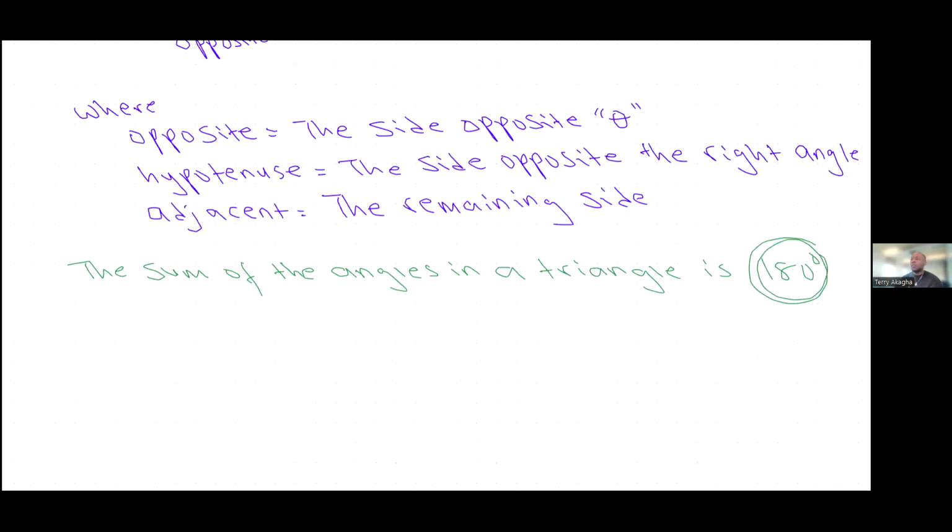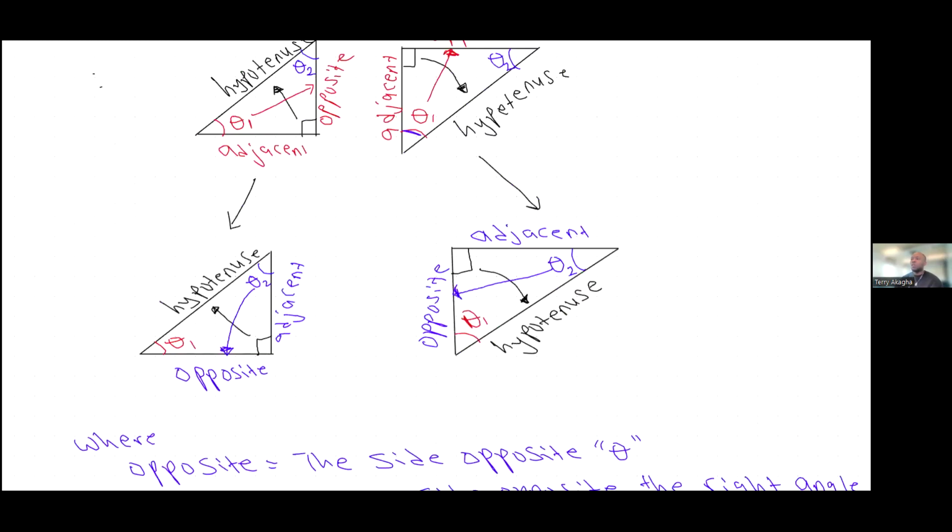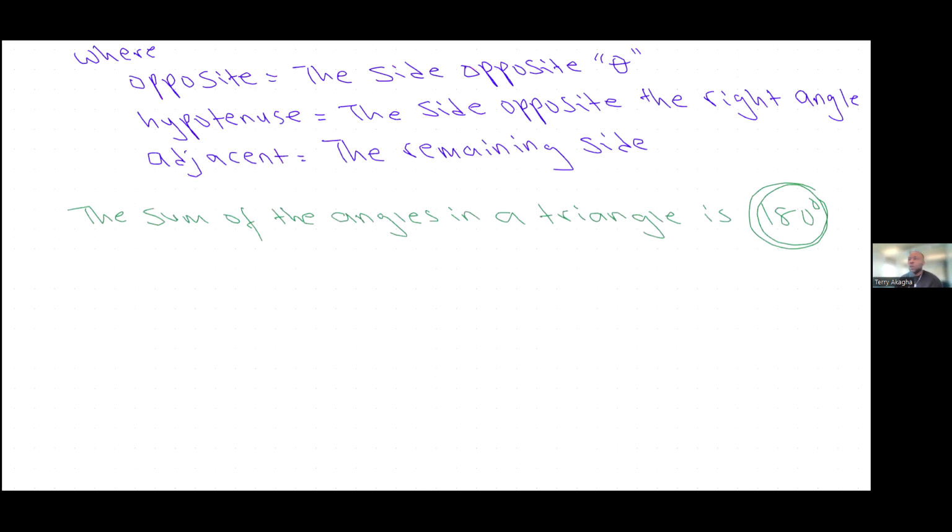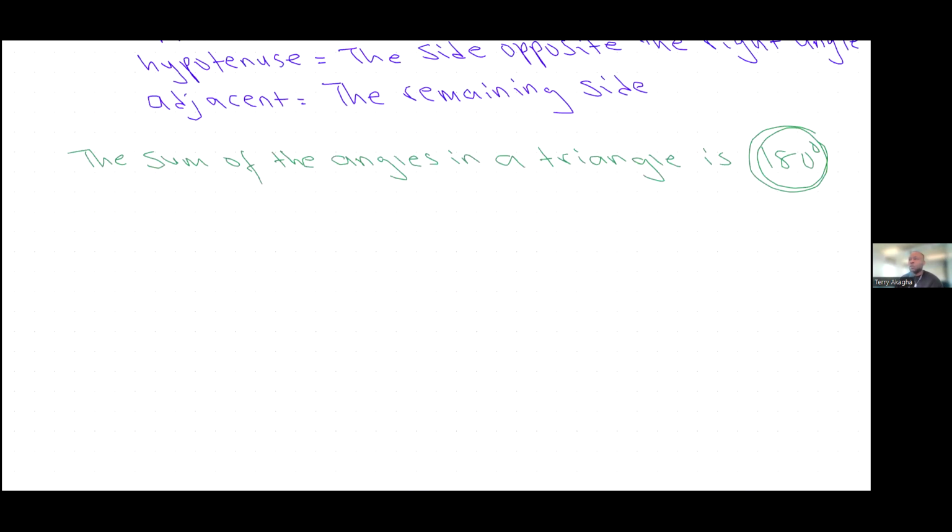And if we go back to the triangle we've been drawing, you can see from what we've been doing for the last few minutes that for every triangle we are having theta 1, theta 2, and a right angle. So we have this, okay? And I told you we have theta 1 and we have theta 2, okay?